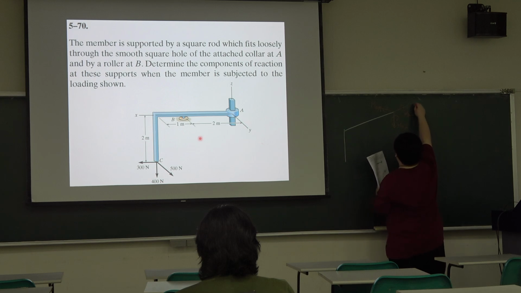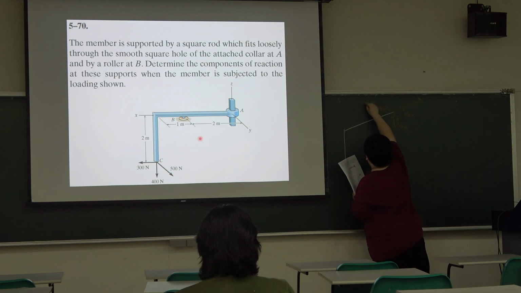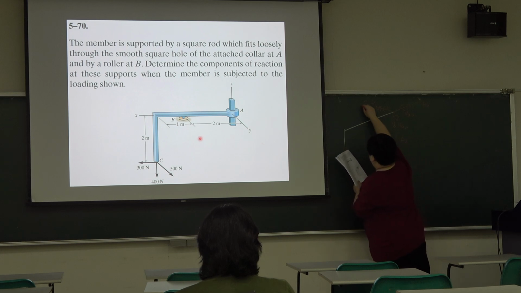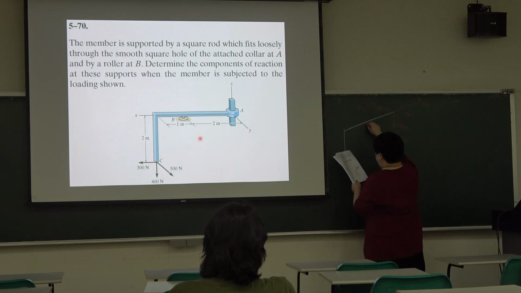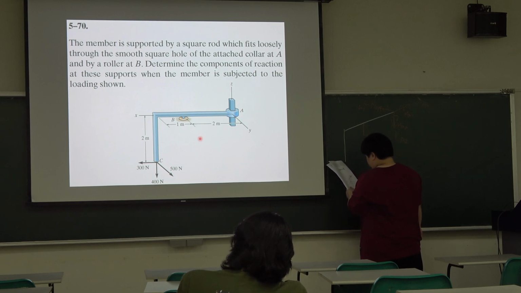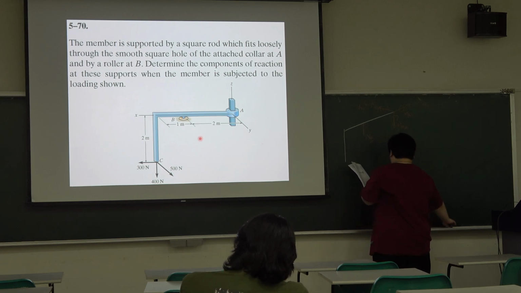We also have the three reaction forces in these directions, so the forces Fx, Fz, and Fy. And we also have the roller support at point B. So we have a perpendicular reaction, and we have a force here.